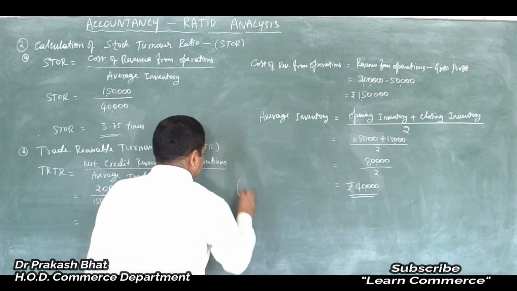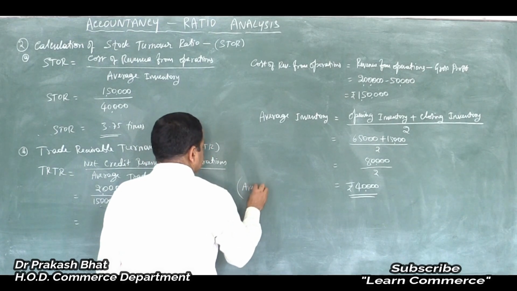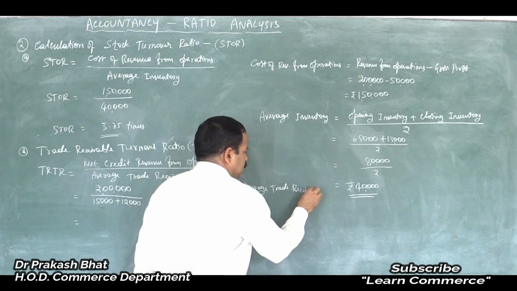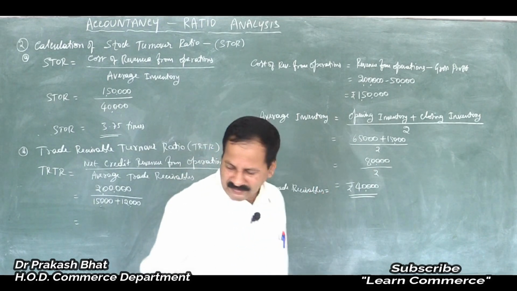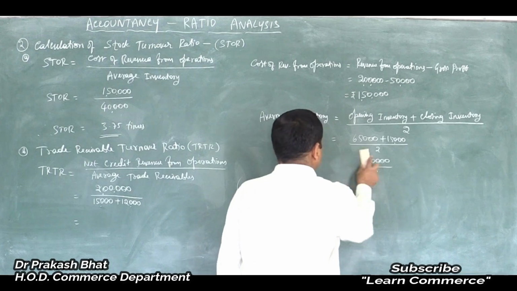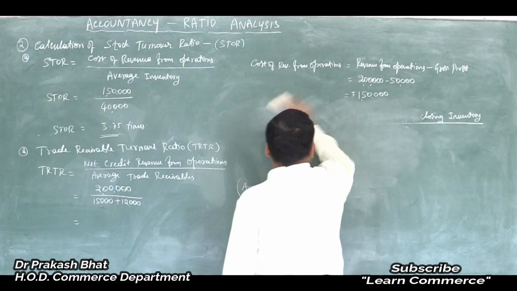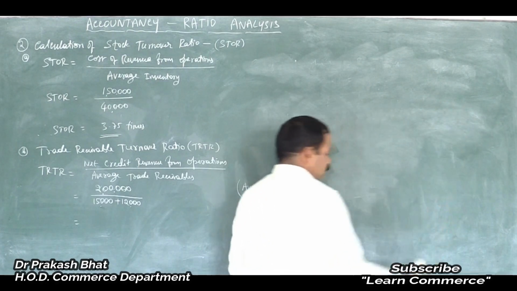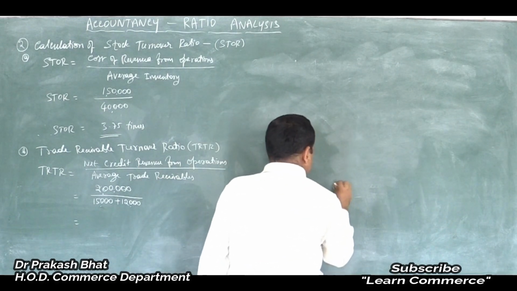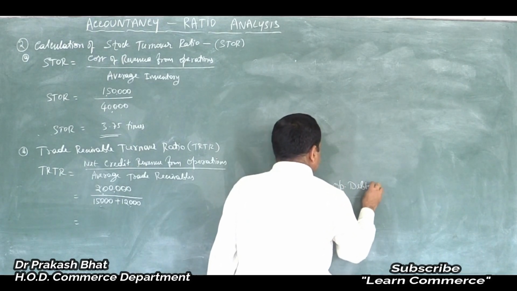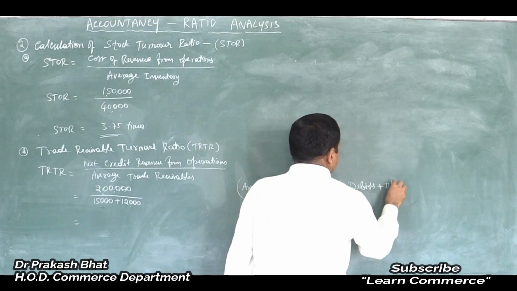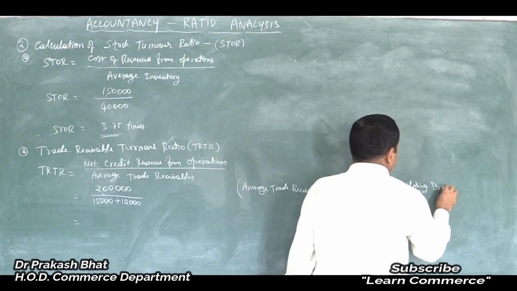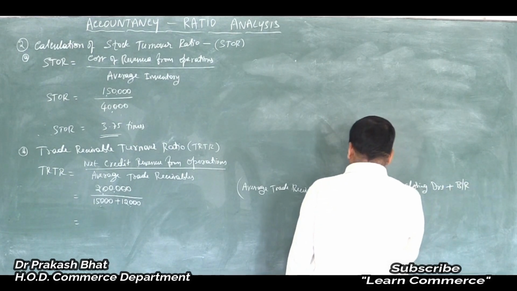Right here if you want, within bracket, average trade receivables is equal to opening debtors plus bills receivable plus closing debtors plus bills receivable divided by 2.